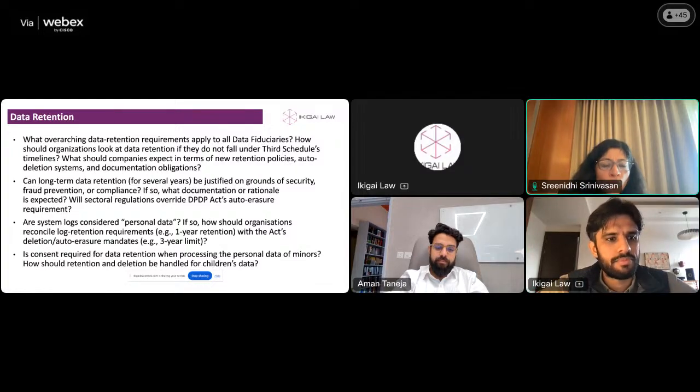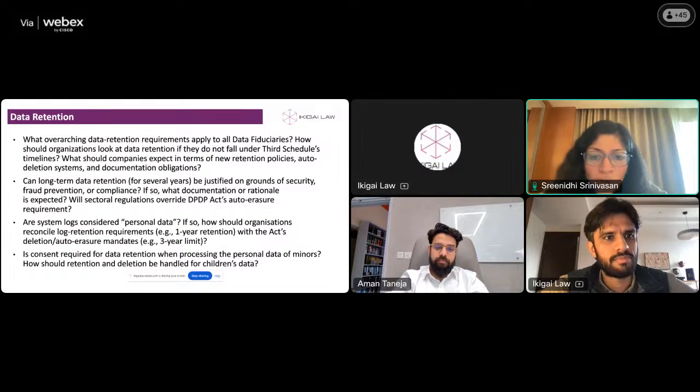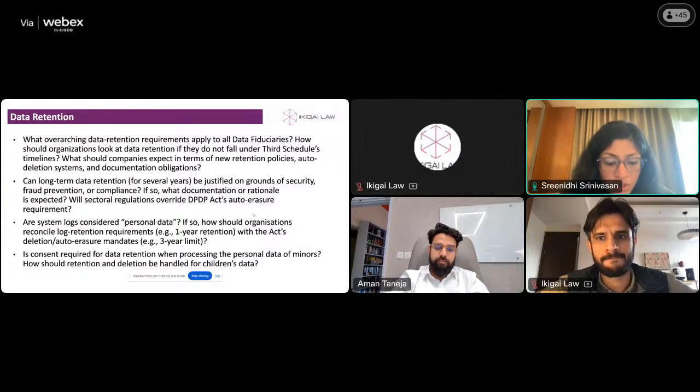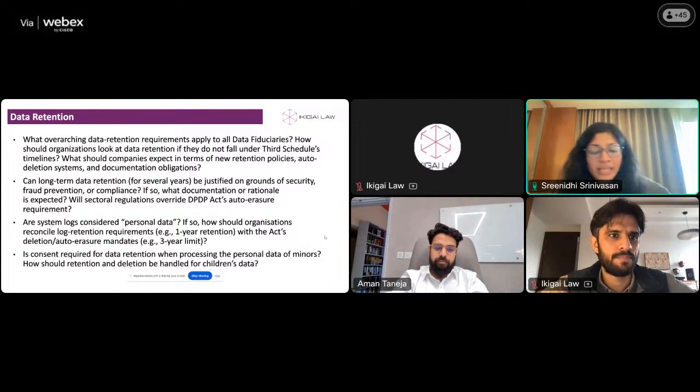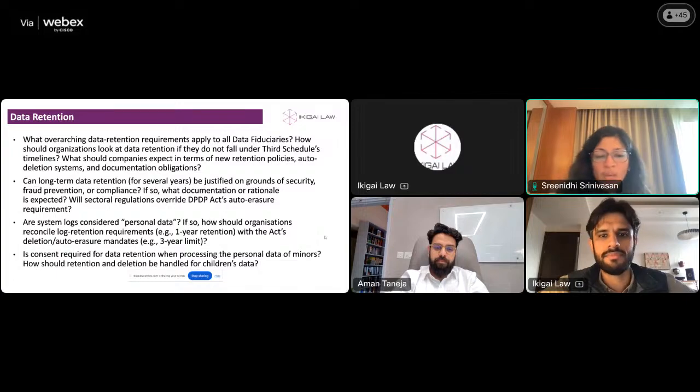So no, nothing specifically for retention. I'm assuming that this question is just about retention and not about that legacy data. If you have legacy data, then I think we covered that earlier. But yeah, nothing specific about retention.